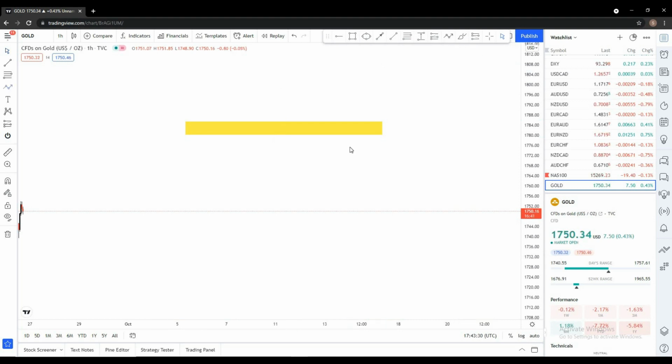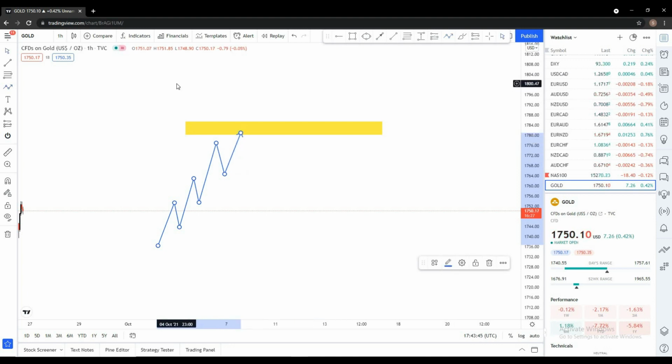So basically what will happen, we all know as price pushes up, we have a higher high, higher low, higher high, higher low, higher high, into the zone. All right, so I'll stop right here and I'll explain what I basically want to get out to you guys.